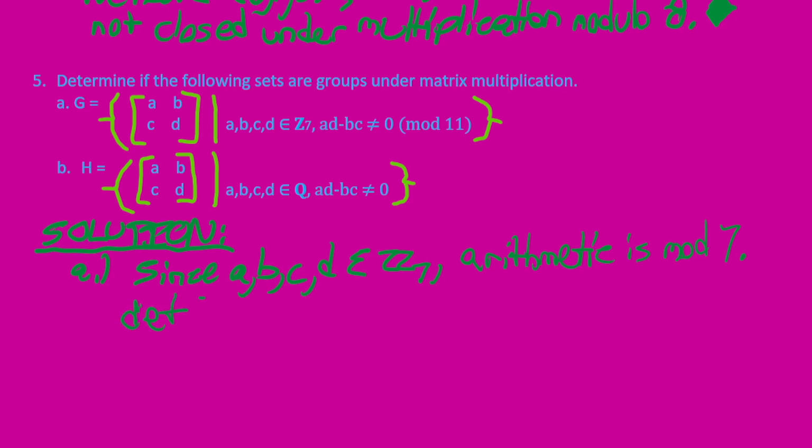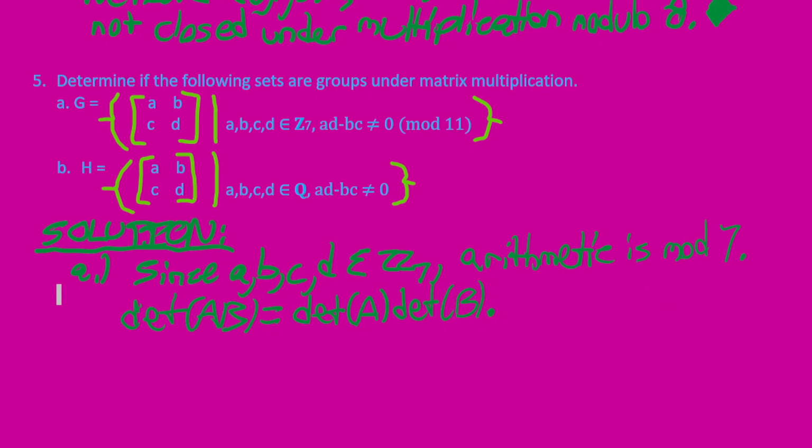So for matrix multiplication, the determinant of these matrices needs to be equal to their individual determinants. So the determinant of A cannot be equal to 0. Or excuse me, that's not right.